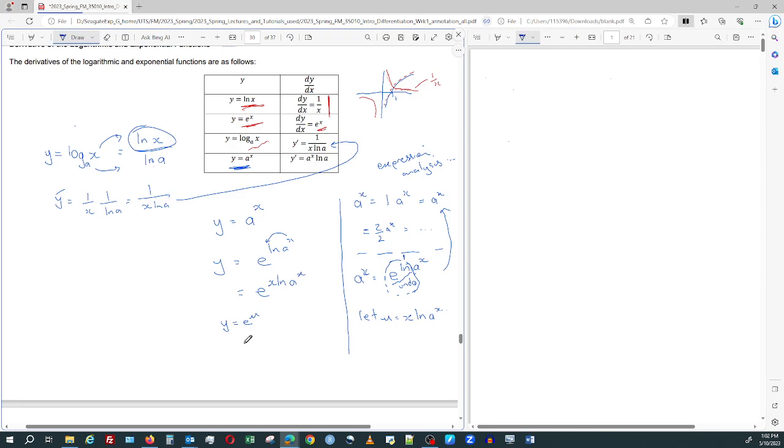And so we would get two things. We would get dy du, and we would chain that together with du dx. That's our usual procedure for chain rules.